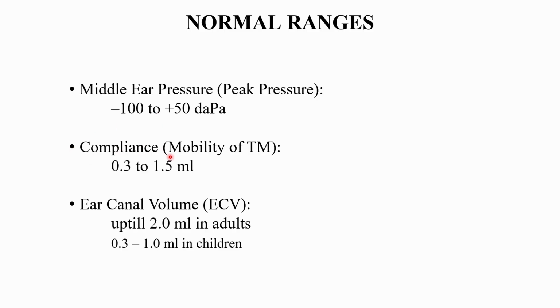The compliance, which is the mobility of the tympanic membrane, ranges from 0.3 to 1.5 milliliter. And the ear canal volume is up to 2 milliliters. So just remember 2 mL as a normal value. You don't have to remember what is normal in children, but up to 2 mL will be the normal value.